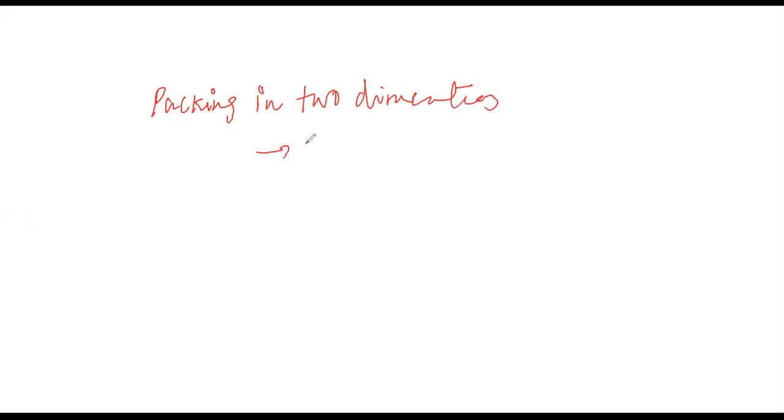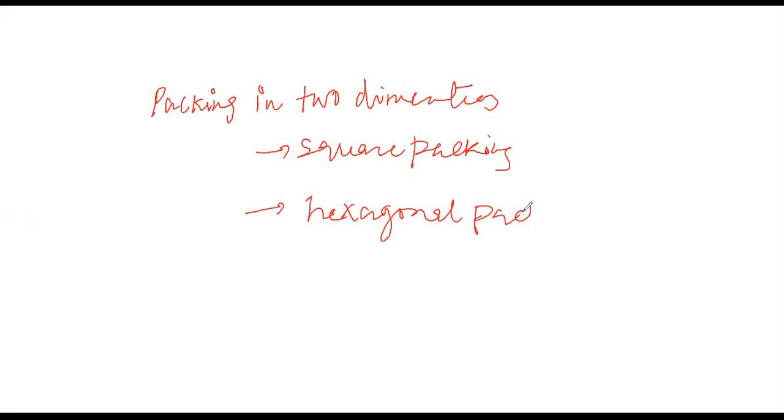If we look into packing in two dimension, we have seen square packing and we have seen the hexagonal packing. Here in this case, my dear students, we have observed that this has coordination number equal to 4 and this has coordination number 6.